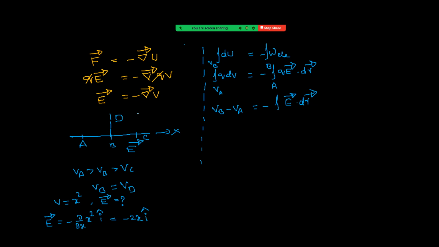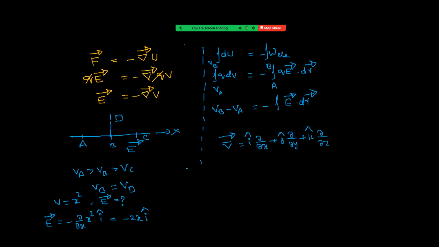And we know the meaning of del bar, right? Del bar is equal to I cap into dou by dou x plus j cap into dou by dou y plus k cap into dou by dou z.